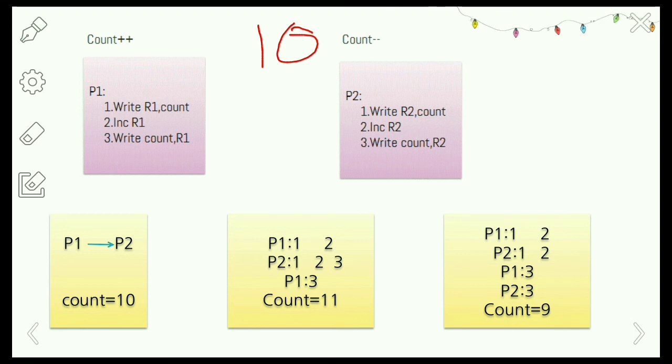First P1 is executed completely and then P2. P1 will perform the increment operation and P2 will perform the decrement operation. So the first process increments the count value by 1, that is 11, and process P2 decrements the count value by 1, which becomes 10 again. So the count value is 10 here.